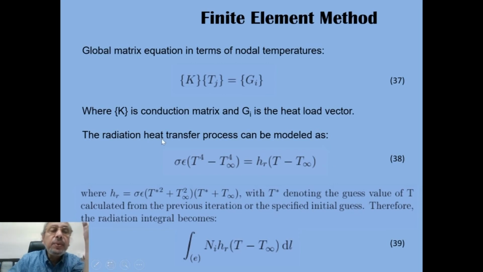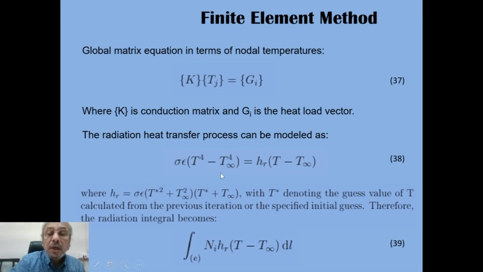Now, if we want to take care of radiation heat transfer, then obviously we have to write down the equation, which is Stefan-Boltzmann constant, emissivity into T power 4 minus T infinity. This is the local ambient temperature, equal to TF here in this case, to the power 4, equal to HR.